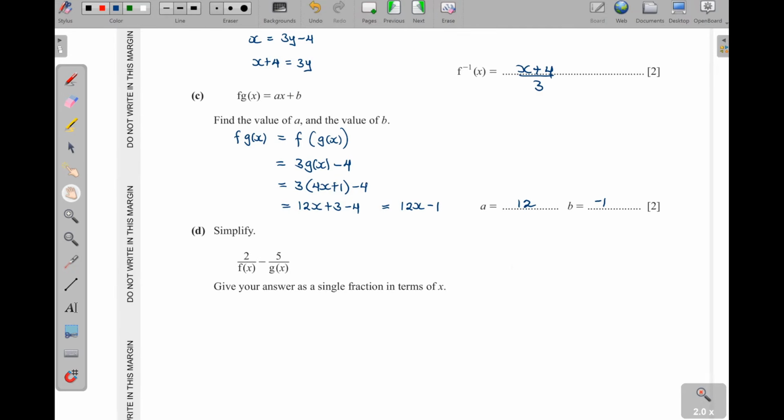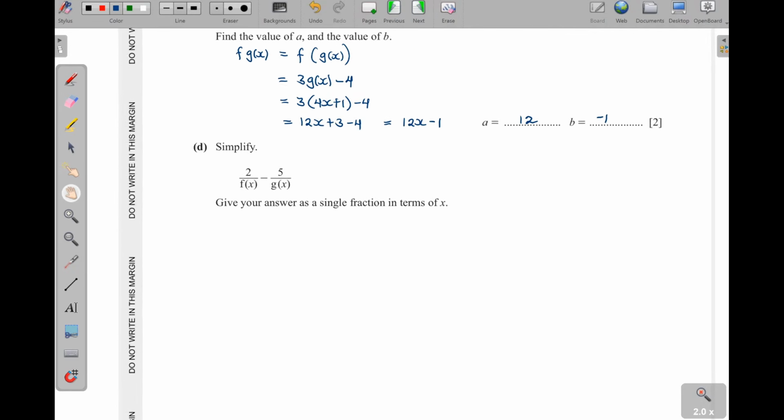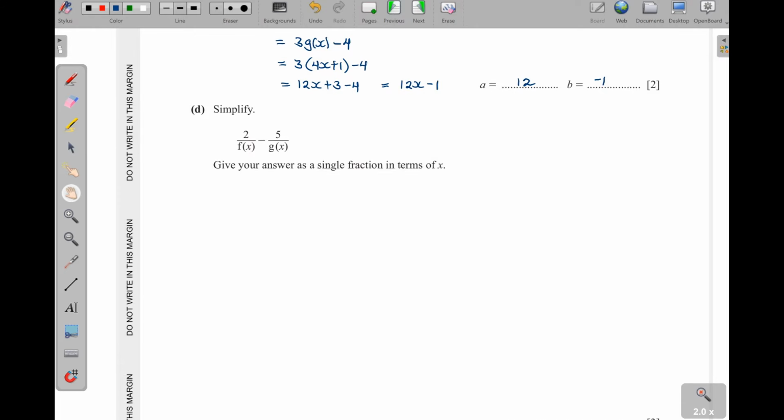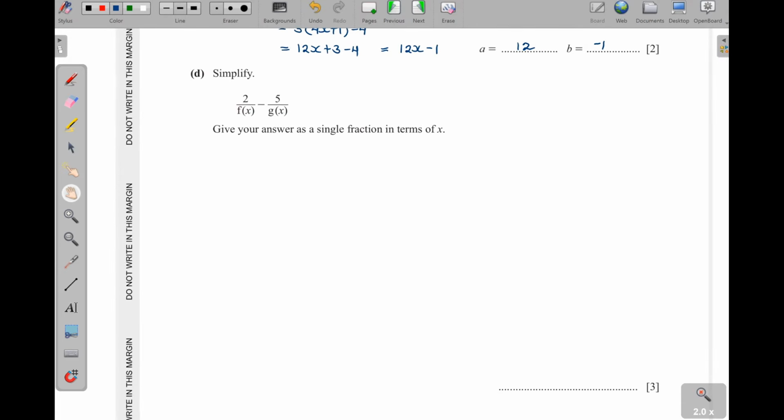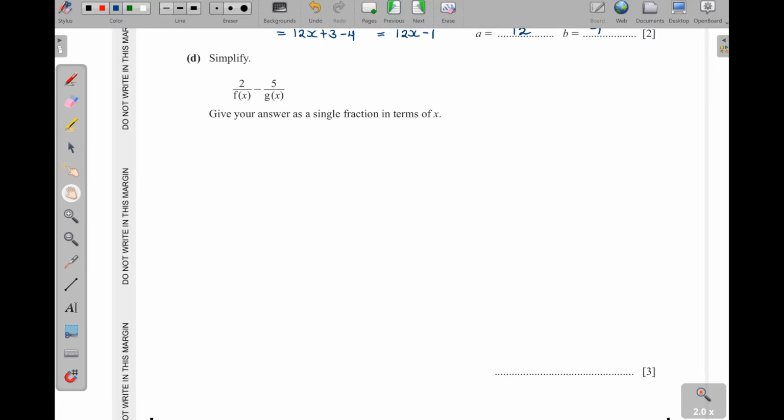Then part D, they are saying that we simplify, okay? We simplify 2 over f of x, then minus 5 over g of x. We give our answer as a simple fraction in terms of x. So we shall have 2 over f of x minus 5 over g of x. The first mark is to substitute.